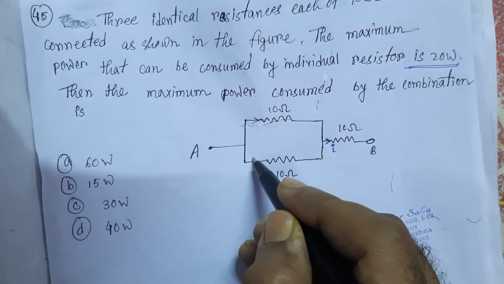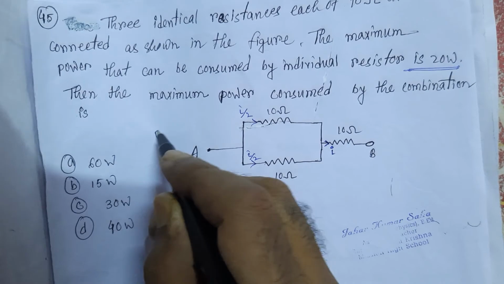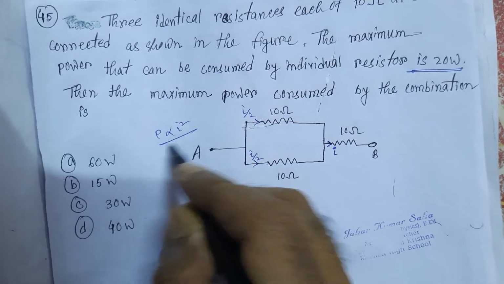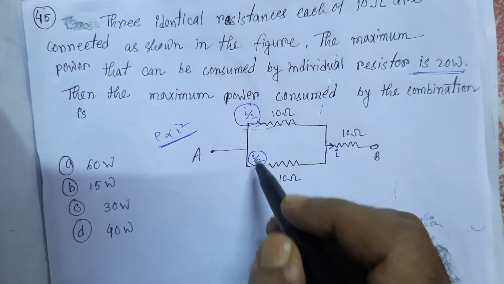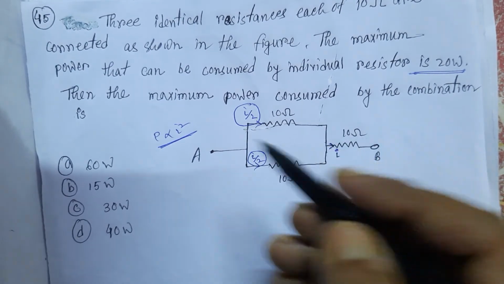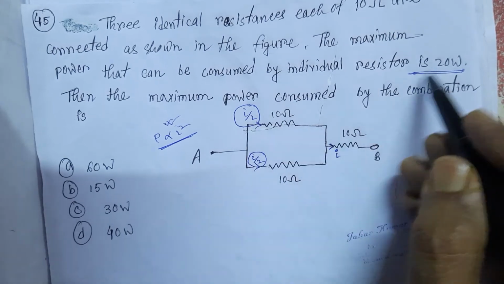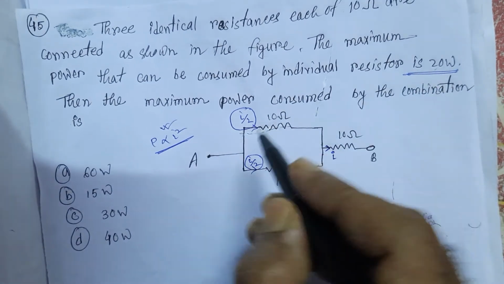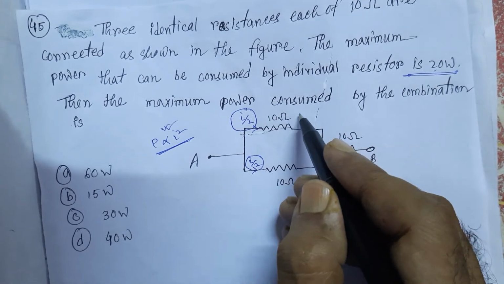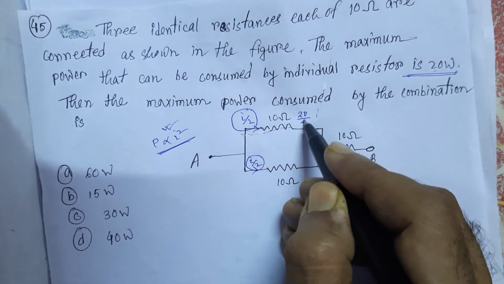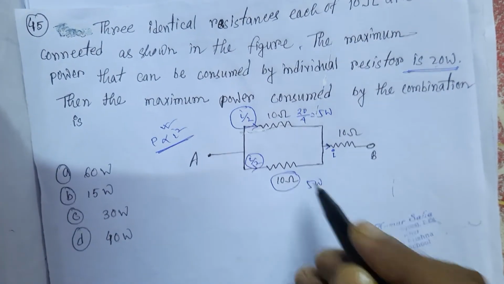The other two identical resistors will have current I by 2, and we know that power is proportional to I squared. So the other resistors having half the current will have power 1/4, since power is proportional to I squared. So the power consumed is 1/4 the maximum power. Maximum power is 20 watt. So for each of these two 10 ohm resistors, power consumption is 20 by 4, that is 5 watt. For the lower one, it is also 5 watt.